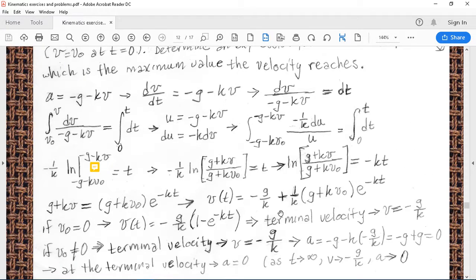And from this expression, we obtain these two. We obtain the respective expression for the acceleration.